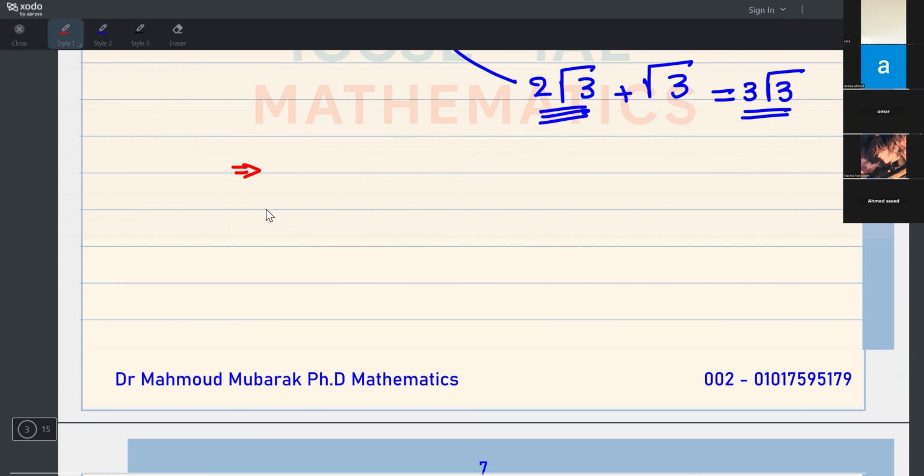First one, root 2 bracket 3 root 2 plus root 5. Expand this bracket. This is the first question. Second one, simplify root 27 plus root 75.